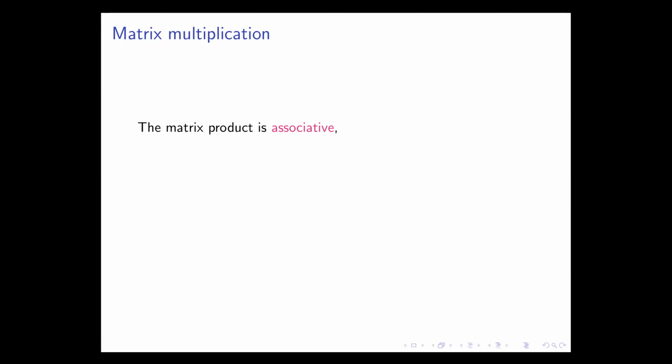Now, matrix multiplication has the following properties. The product is associative, right? Meaning that we can put parentheses in different orders, so that ABC is equal to A times BC. It distributes over matrix addition, right?